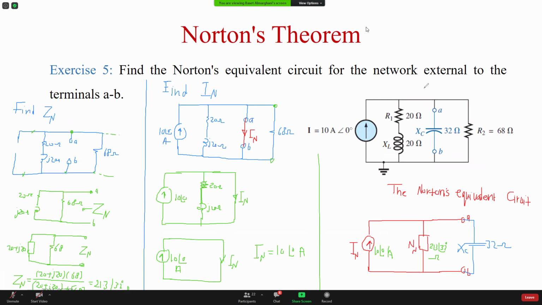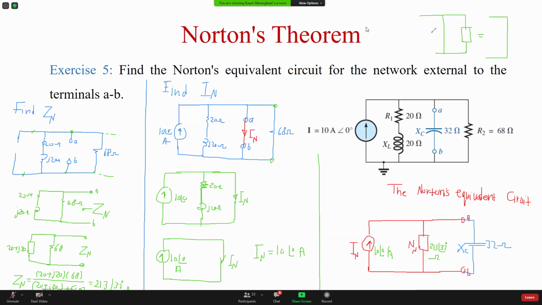Okay. Now this is the end of this question. Remember, any element, doesn't matter, impedance or resistance, if it's shorted, this will equal to this.